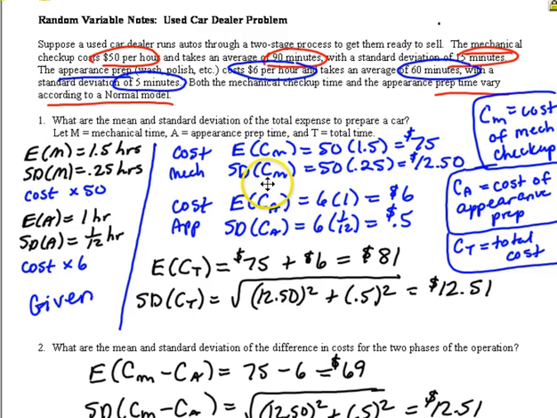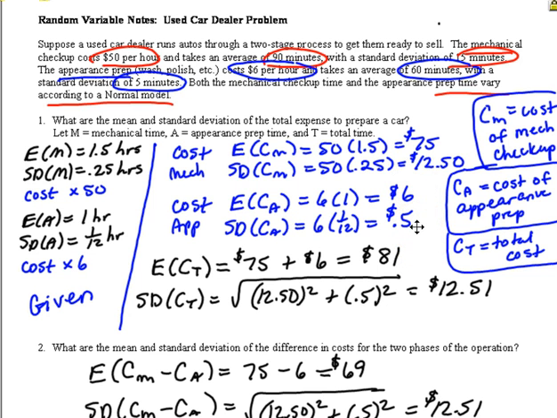The standard deviation of the cost of the mechanical checkup is 50 times 0.25 or 12.50, because I know that these are just being multiplied by a constant, so I can just multiply both the expected value and the standard deviation by a constant. Then I did the same thing for the appearance prep time. Mean and standard deviation of the appearance prep time times $6 per hour, and there's our mean and standard deviation of the cost.